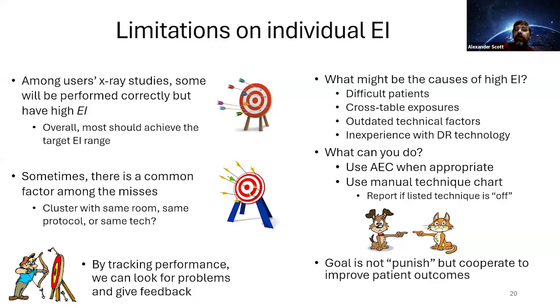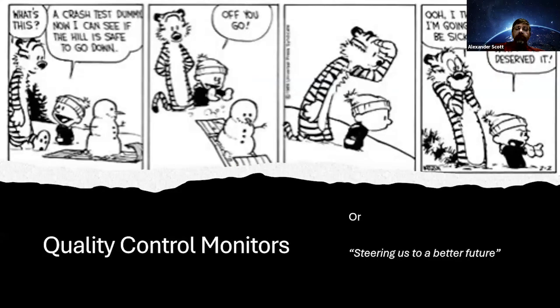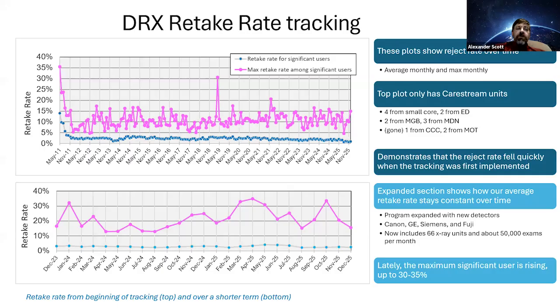And that suggests that we have opportunities for education where the user and the patient will benefit from more information, more experience, more knowledge about how to set the exposure levels. So these are the monitoring metrics that we use for our QAPI committee to provide feedback to the technologists to get more consistent performance.